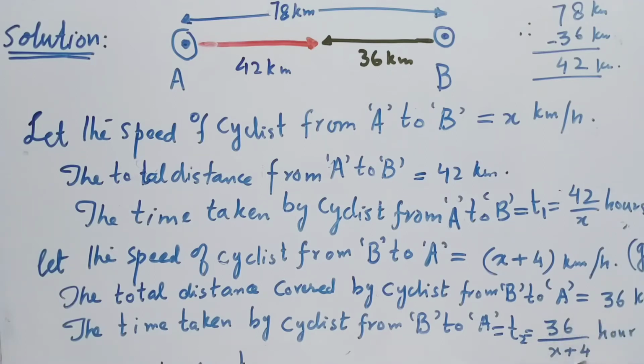So 36 kilometer divided by x plus 4 kilometer per hour. So the time we get is t2, that is 36 divided by x plus 4.